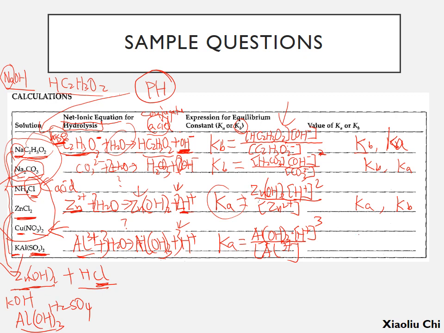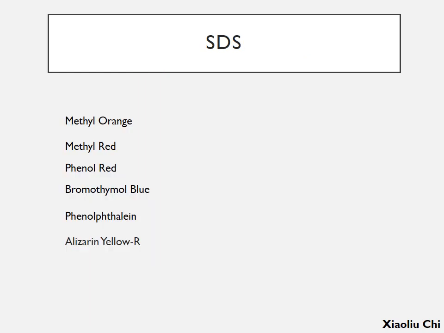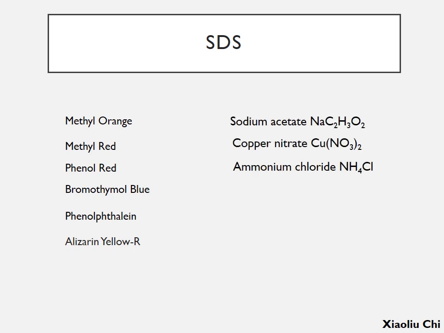And then you calculate the Ka from the pH that you estimated, and then calculate Kb. You need to include SDS for all the chemicals in your report. Here is the list of the indicators and the salts you're going to measure.